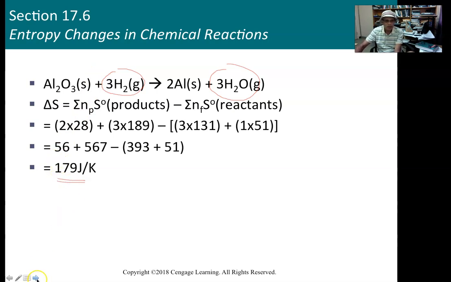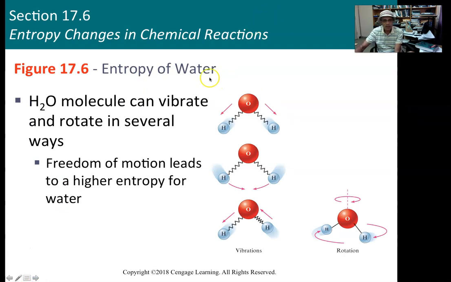Why? So this is the reasoning. You see, the water molecule is not just one single static molecule. You find that the water molecule is non-linear. We know it's a bent shape, and it has all these forms of vibrations, which we call stretching modes and bending modes of vibration, or even rotational modes.